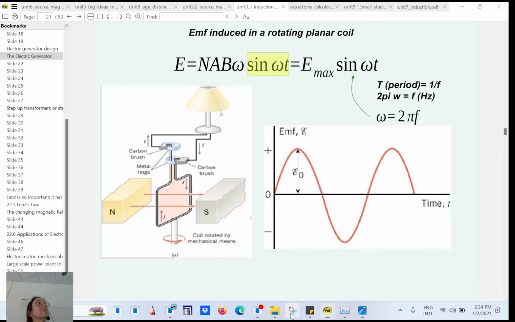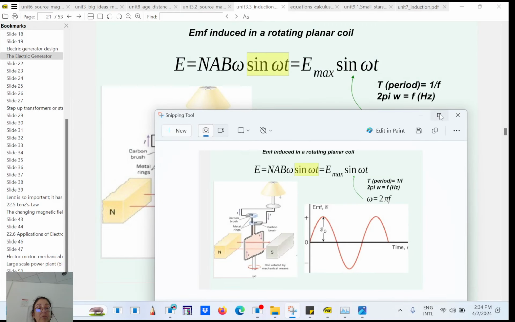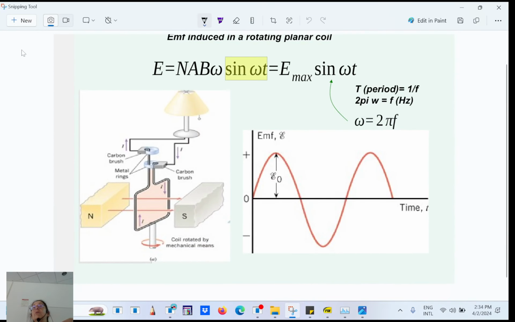Is that clear? So if I ask you a question for the final, if you look at the outlet here, what's the frequency? 60 hertz, right? So 60 revolutions in 1 second. Do you remember?